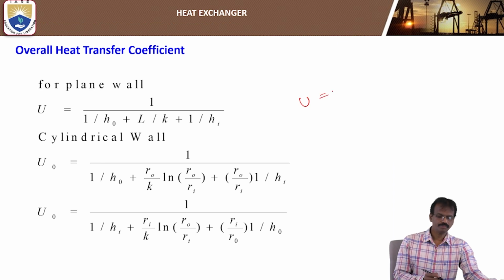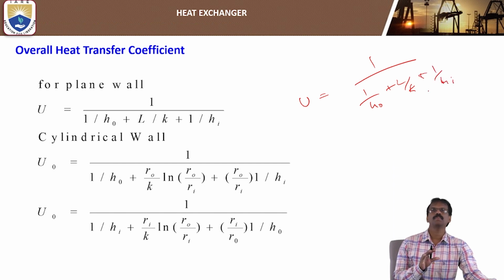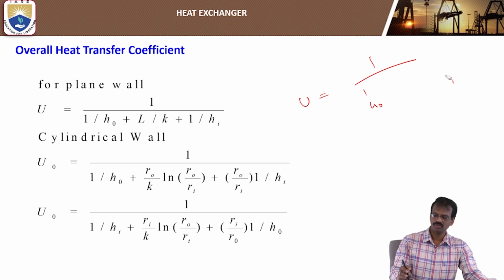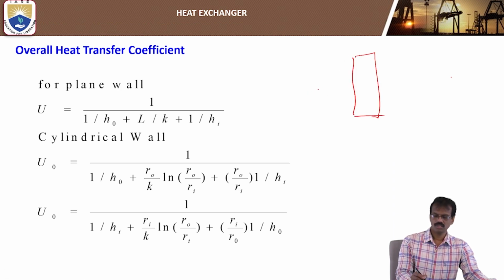U is equal to 1 by ho plus L by K plus 1 by hi. This is for a plane wall. Suppose here I am drawing the plane wall, a homogeneous body. Heat is transferred from the hot fluid to the cold fluid. This temperature is, suppose, T naught. This is Ti, temperature T1, temperature T2.